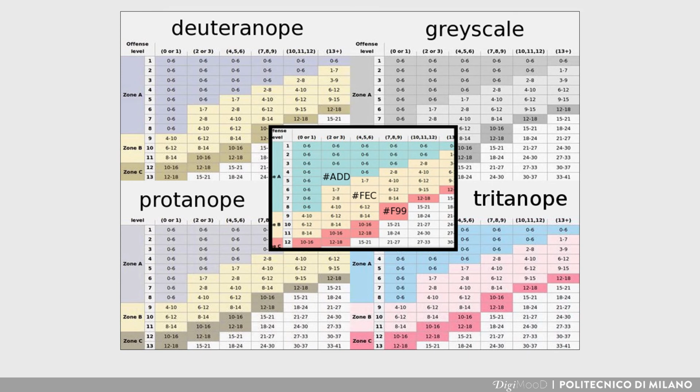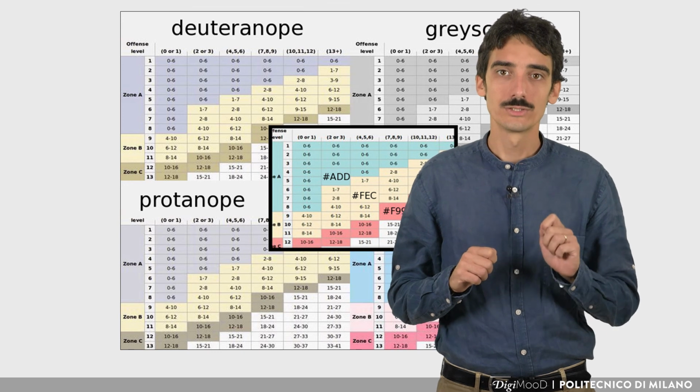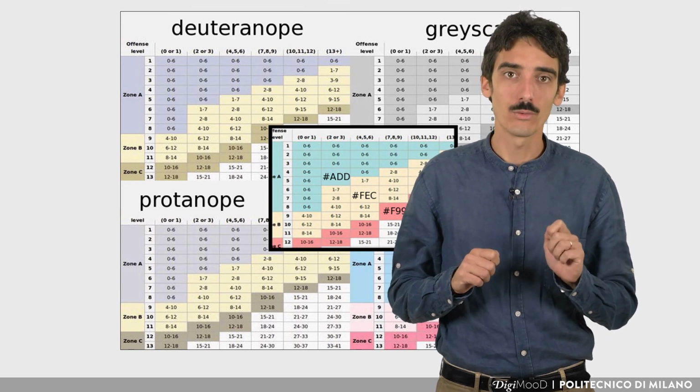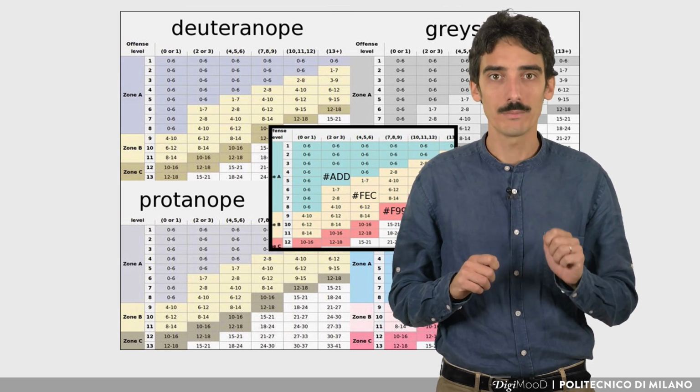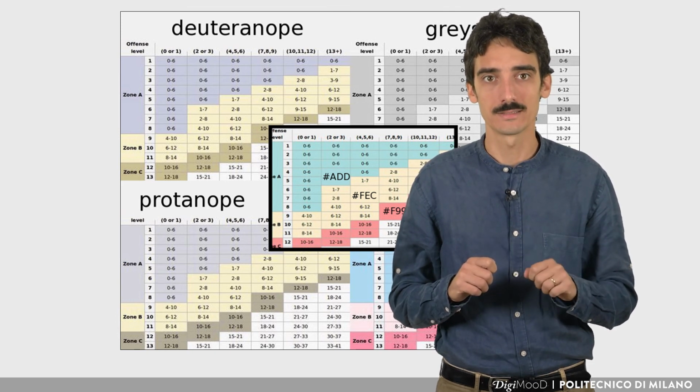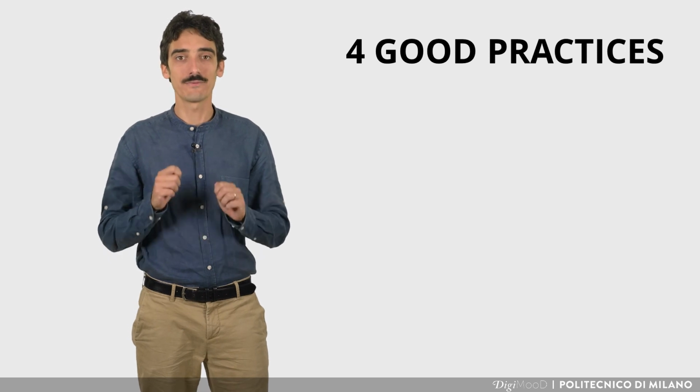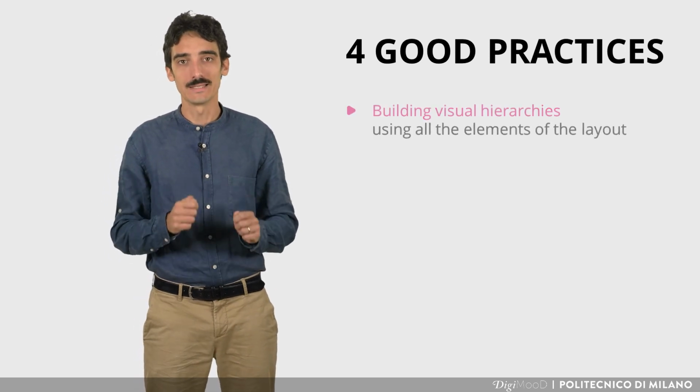In the center, you can see the color range for a normal vision, while at the four corners you can see simulations of what people affected by color blindness see. So, choose your colors having in mind also the needs of people with color vision deficiencies by adopting a color-blind safe palette.